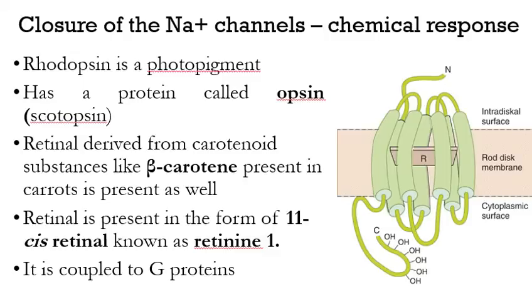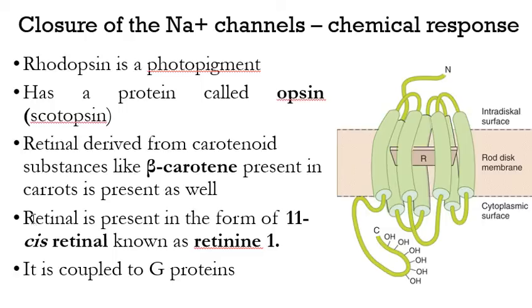All right, so let's talk about the closure of the sodium channels. What happens? Why close? We are going to talk about rhodopsin. Now rhodopsin is a photopigment, and I told you where it is found. Now it has a protein that is called opsin.